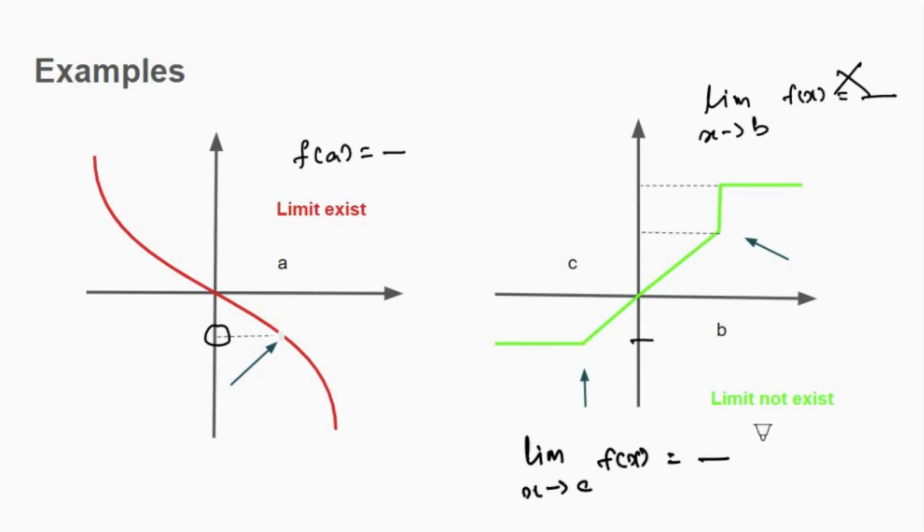Still, as per the condition, we need to check whether the limit exists or not. We know that the condition is that the left hand limit is equal to the right hand limit with a finite value. So you approach from the left hand side and from the right hand side, and in both cases you will end up at the same output value, which is this one. So now you can confidently say that the limit exists for this particular input point c, right?